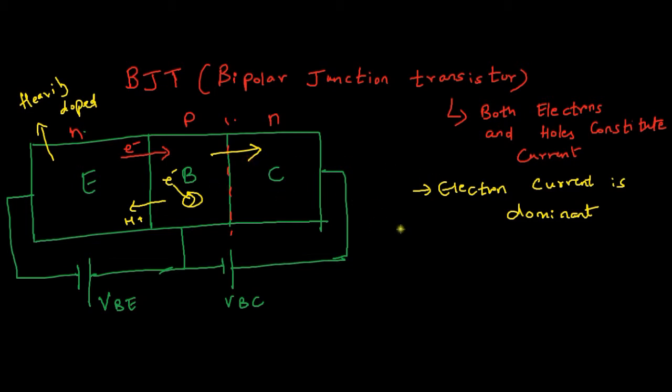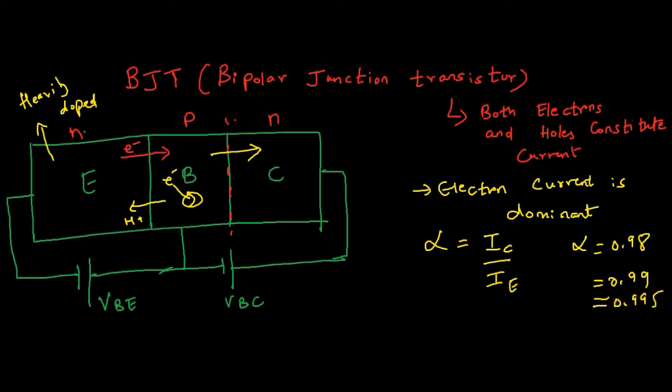At this juncture we will define a special term called alpha. This is the ratio of collector current to emitter current. Typically this value is 0.98 or 0.99. Some recent BJTs have reached up to 0.995.